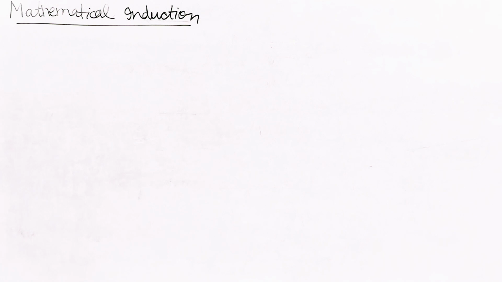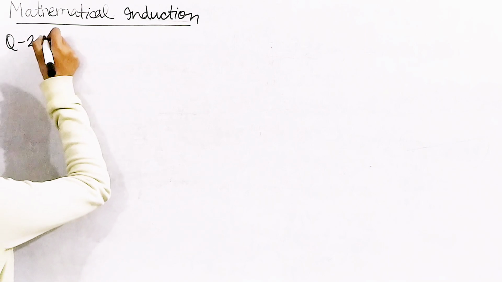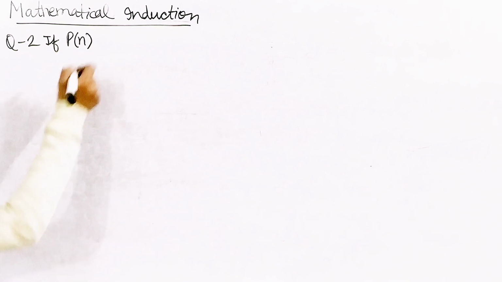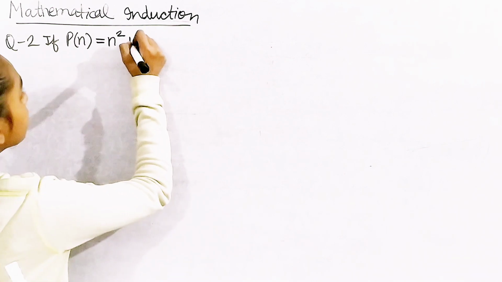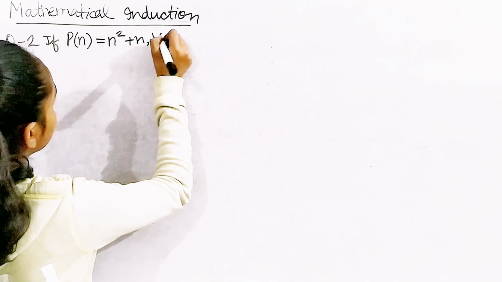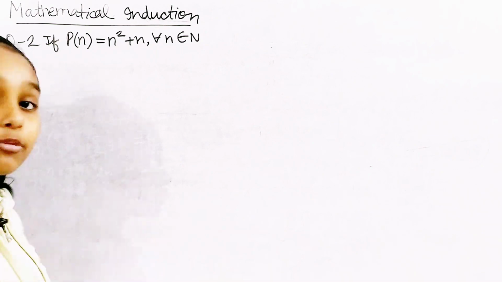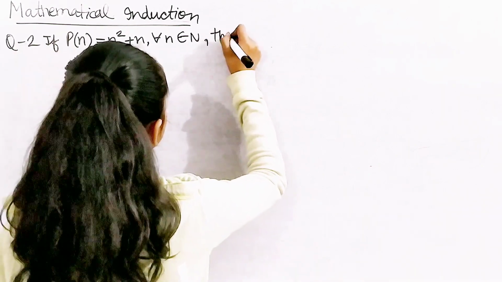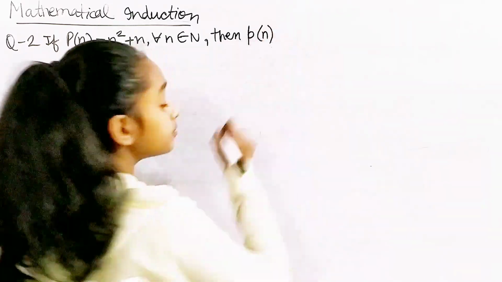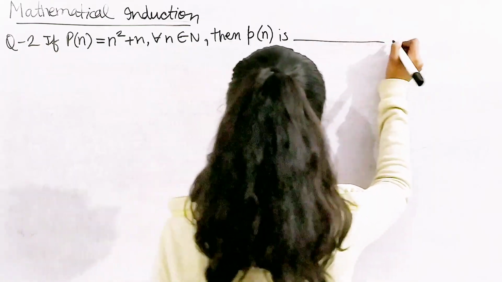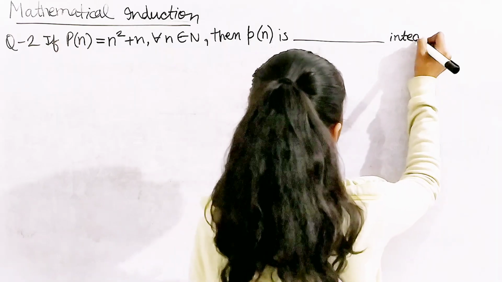Yeah, so let me write the second question. So the second question is: given P of n, the statement given to us, equal to n square plus n, where n belongs to natural numbers, then P of n is dash integer.